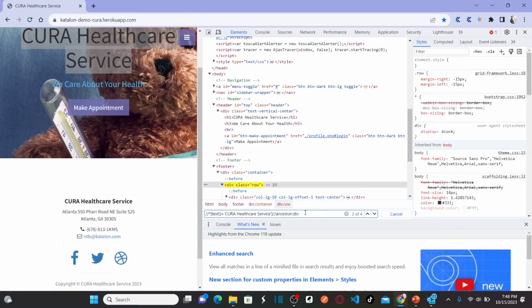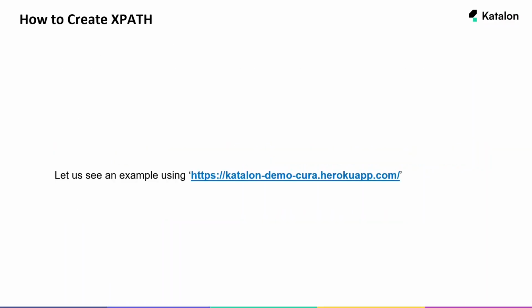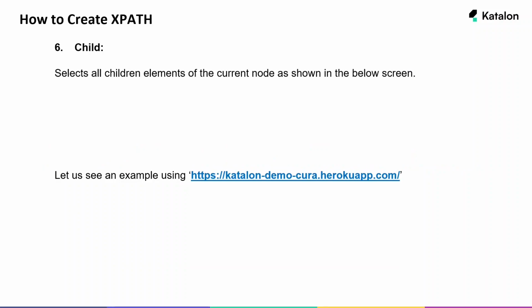I can simply specify the number again. Now it is bringing me only one control. See, it is returning 1, which is this one. This way we can use the ancestor axes method. Now what is our next axes method? Let us see the child axes method. These are all your axes methods. This method selects all children elements of the current node as shown below.